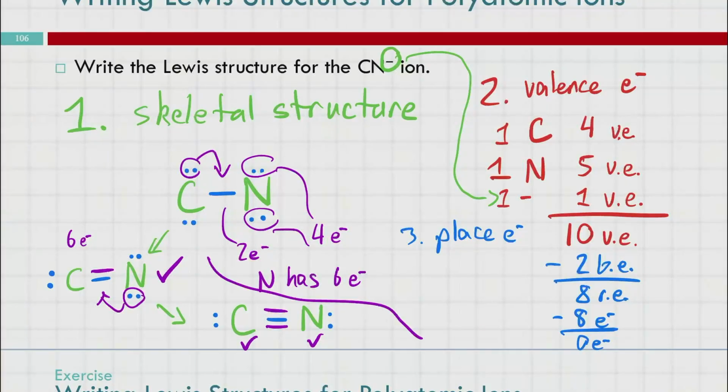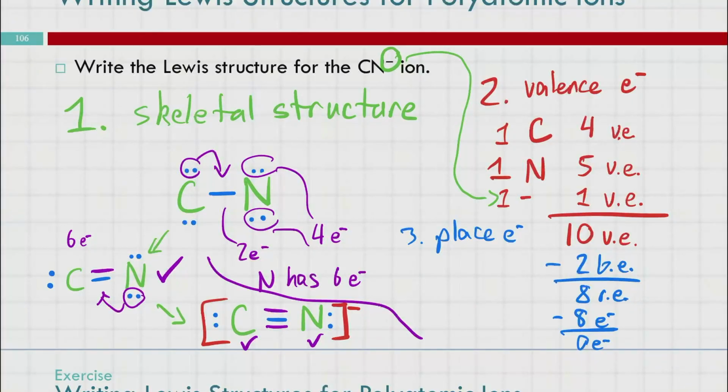Okay, so they both got their octets. Anything else we need to do or check? Yes is the answer. We have not put in our brackets. So since we have an ion, we need our brackets and our one negative charge, and now this is a complete Lewis structure.